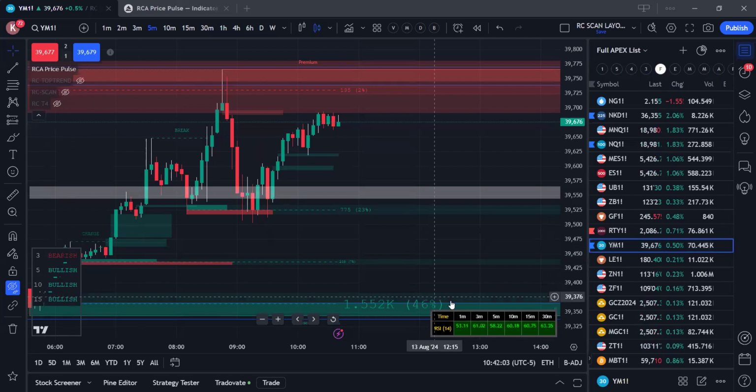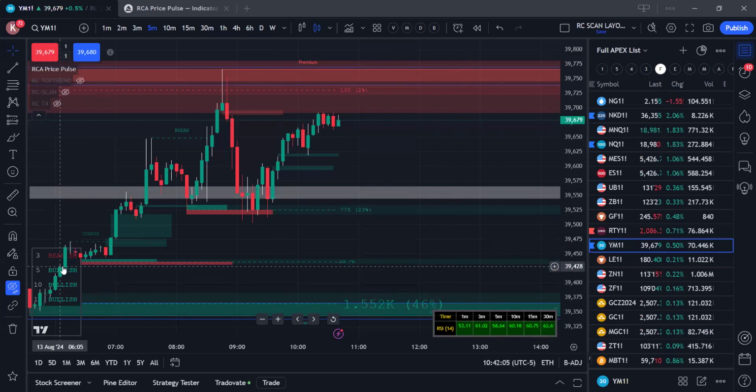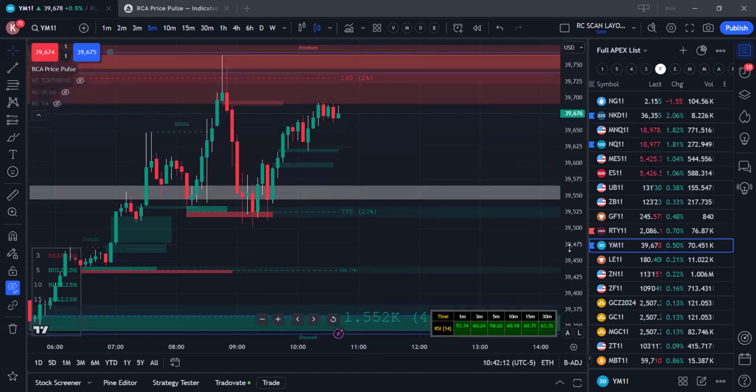So 3 minutes is bearish, everything else is bullish. If 3 also turns bullish and you get a buy signal, then that will be a good opportunity.